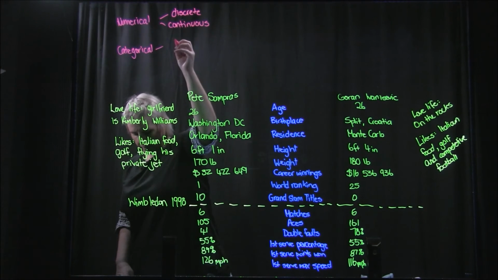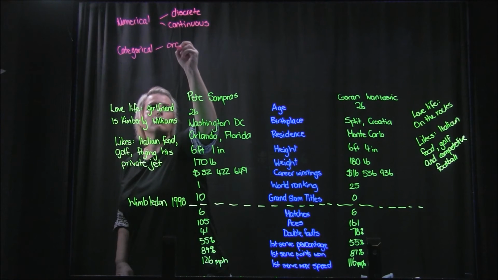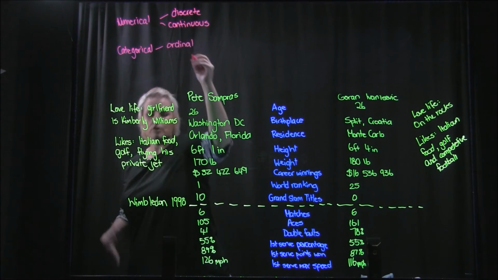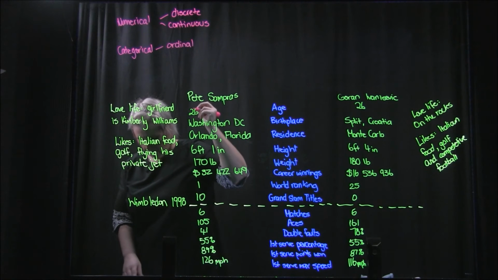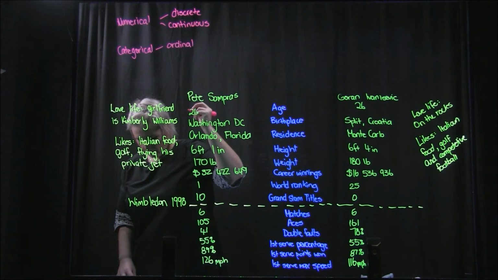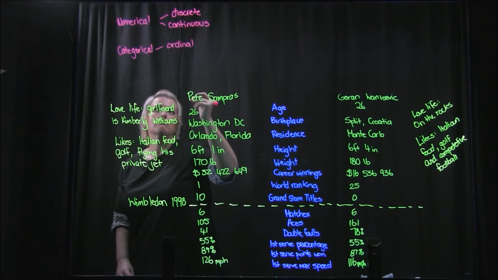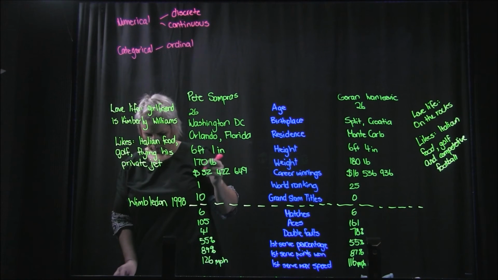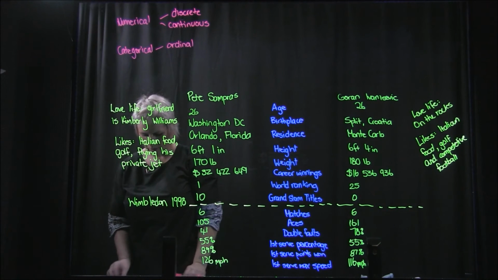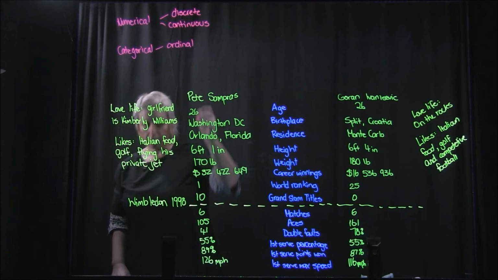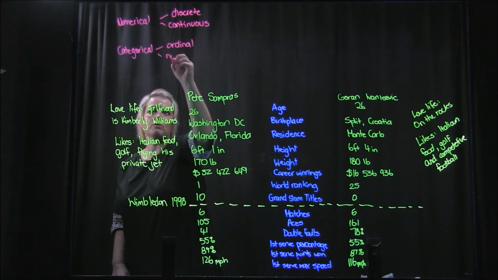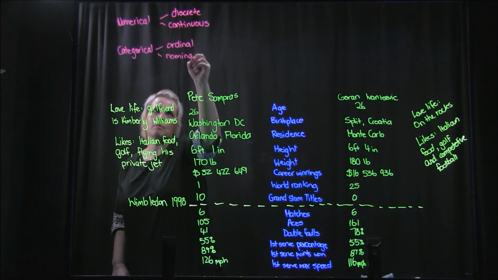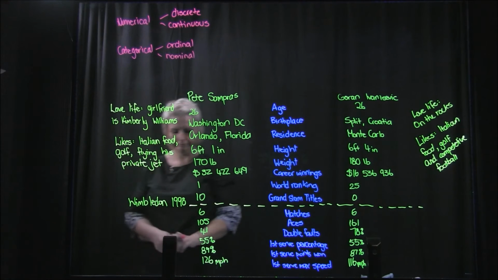Categorical will be ordinal, so they have order, first, second, third, that kind of stuff. Sorry, I'm having a bit of a mind blank there. Ordinal or nominal, that's right, so no numbers, just words, no order.